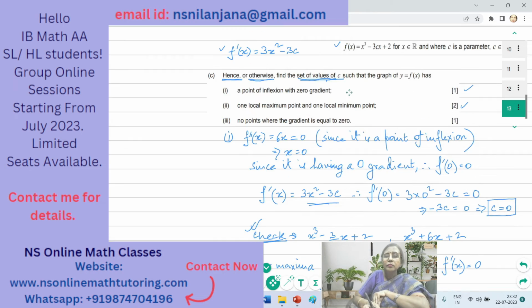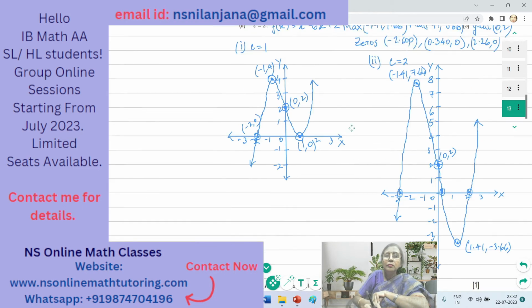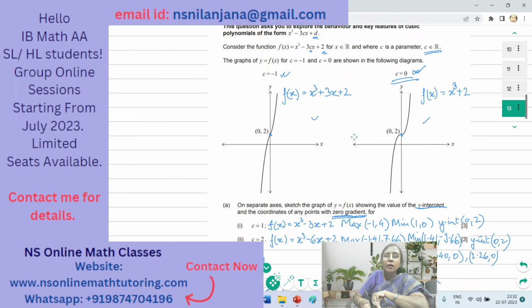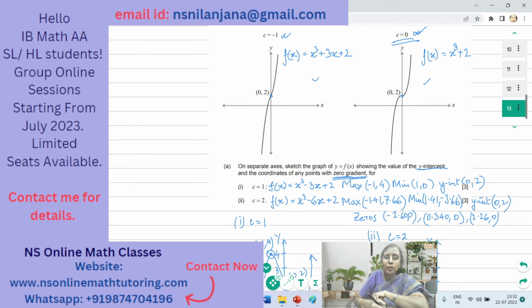So this is c equal to -1. This graph is not having any maximum point. This graph is not having any minimum point. This graph is having a point of inflection over here, but it is not having any zero gradient.